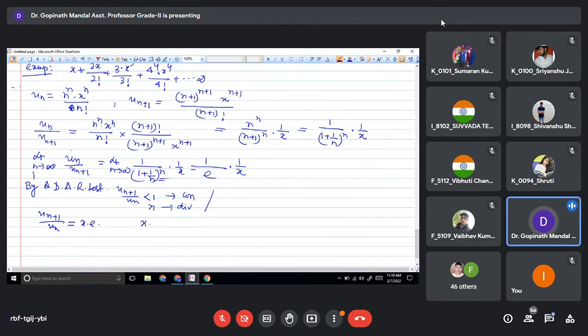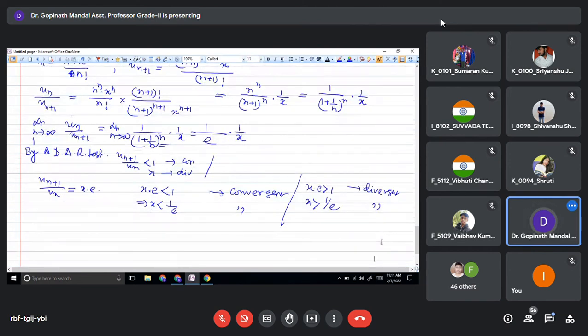When x into e is less than 1 then the series is convergent. That means x less than 1/e, the series is convergent, and when x into e is greater than 1 the series is divergent. That means when x is greater than 1/e the series is divergent. But when x into e equals 1, that means when x equals 1/e, in that case D'Alembert ratio test fails.